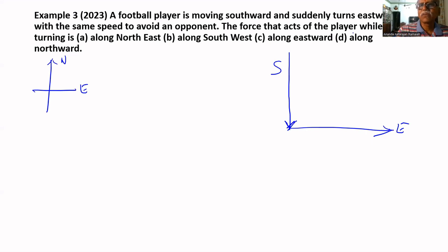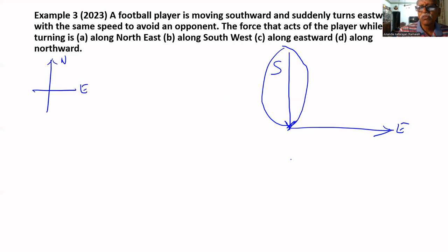What force is required to turn him towards east without hitting that opponent? What are the forces acting on it? If he wants to avoid that collision, the force acting towards south must become 0.